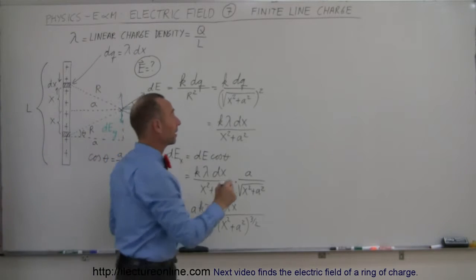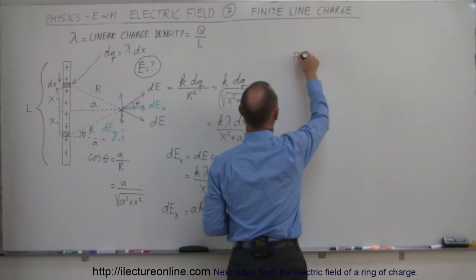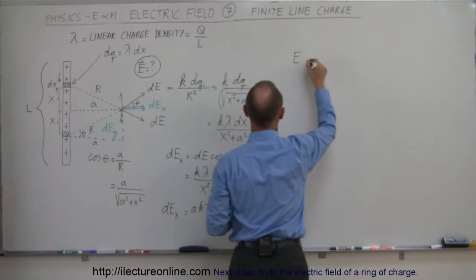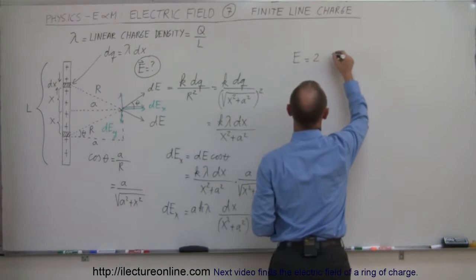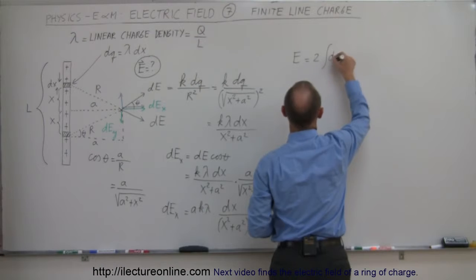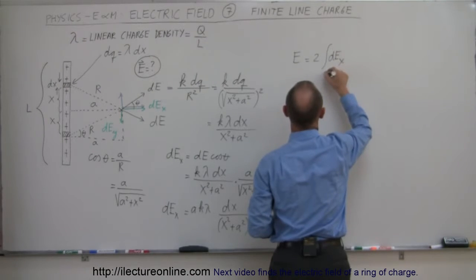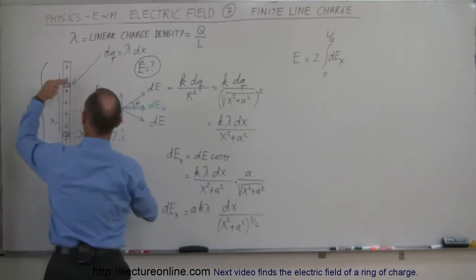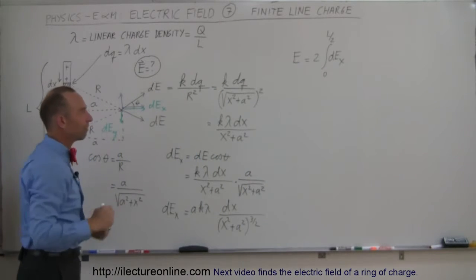So if I want to then find the total electric field at this location, remember the vertical components cancel out. This is equal to 2 times the integral of dEx going from 0 to the end of the rod, which would be L over 2. This is L over 2, and that's L over 2. That's half the length of the rod.